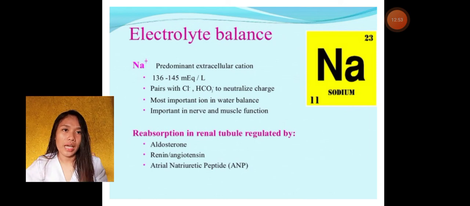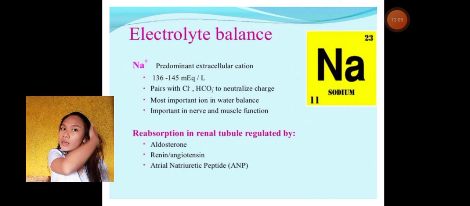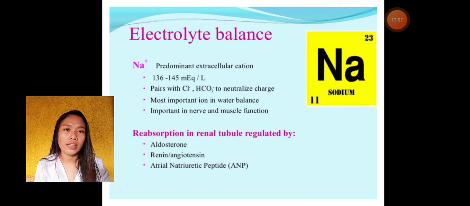Most important ion in water balance, important in nerve and muscle function. So that is the importance of Na, or sodium, in the body. Reabsorption in the renal tubule is regulated by aldosterone, renin, angiotensin, and atrial natriuretic peptide, or ANP.